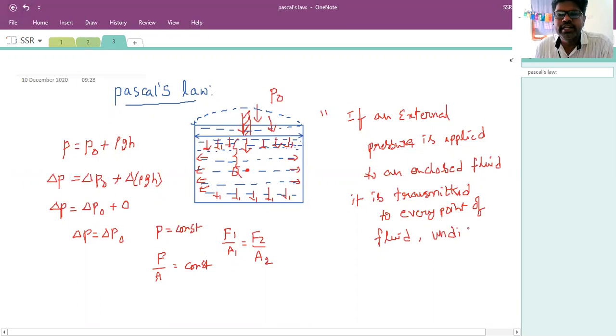That means without diminishing. Undiminished means without diminishing, it will be transmitted.